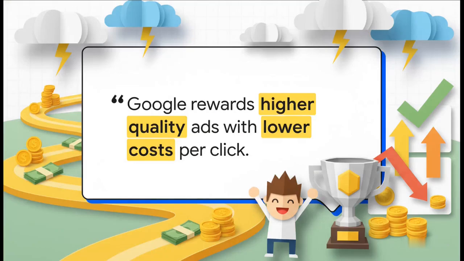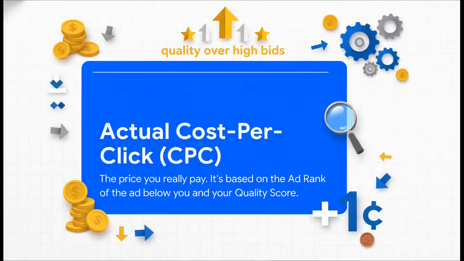But wait, it actually gets even better for Sam. See, winning the top spot isn't the only prize. Google's system is literally designed to reward advertisers who give users a good experience. And that reward comes in the form of a discount. You see, you don't actually end up paying your maximum bid. The price you really pay is calculated with a simple formula.